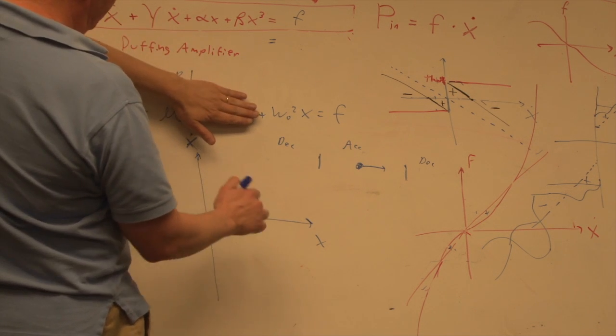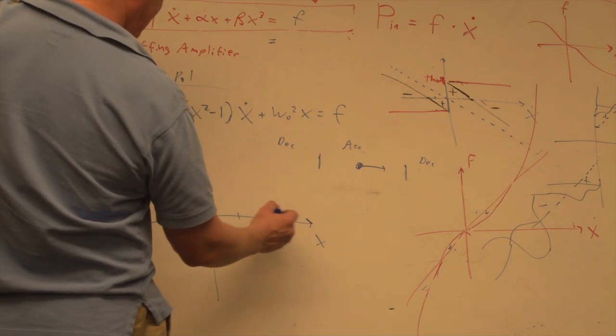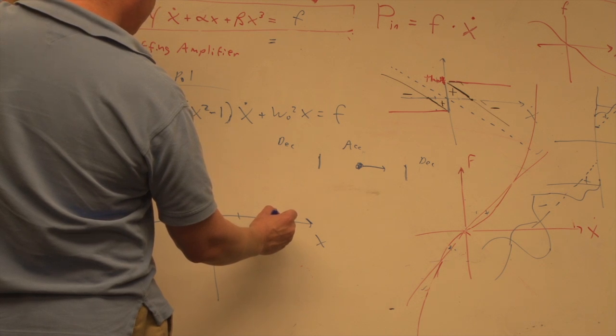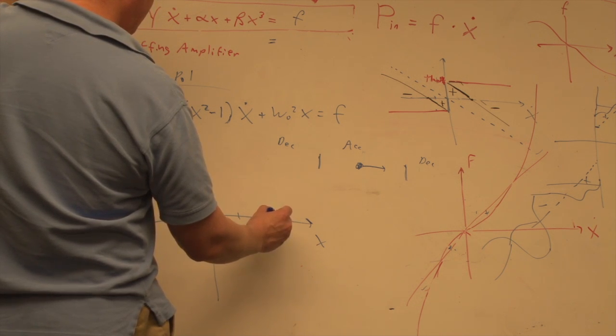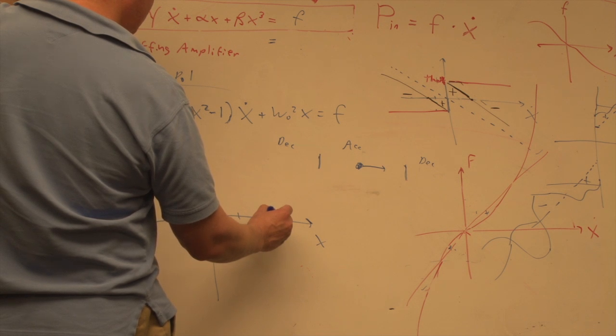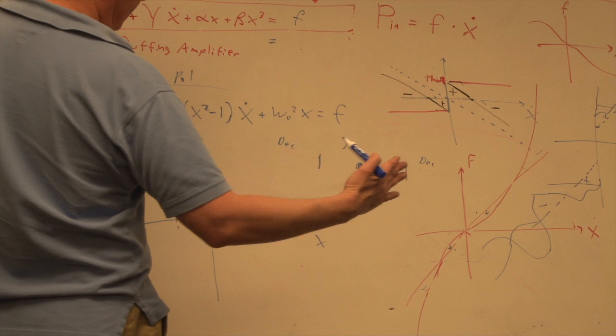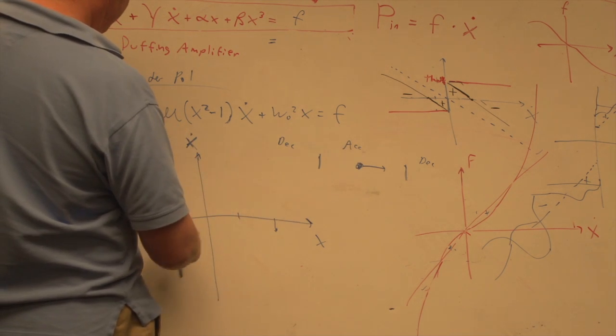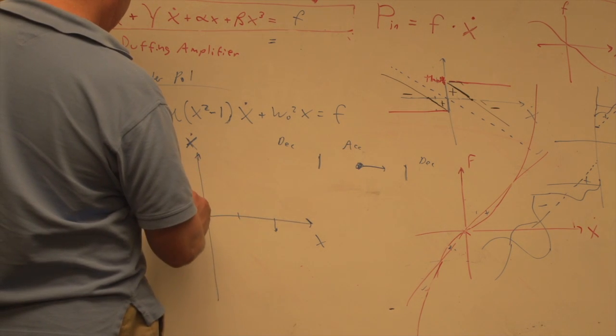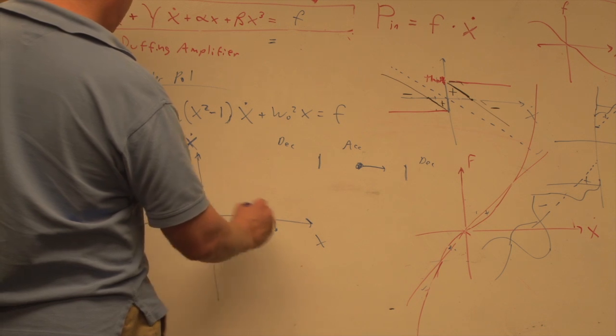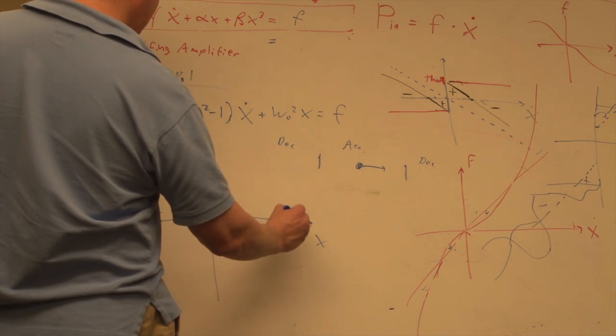Because you see how, suppose x dot is 0. If x dot is 0, then you just have a spring, right? So if x is positive, it's just going to pull you back towards 0. So anywhere x dot is 0, you're just kind of perpendicular to here.